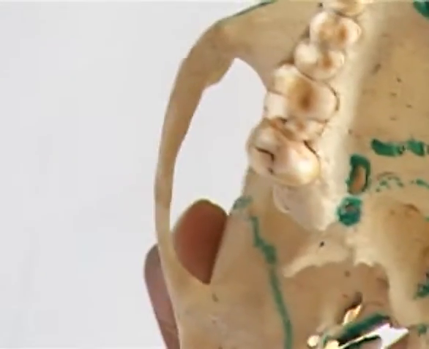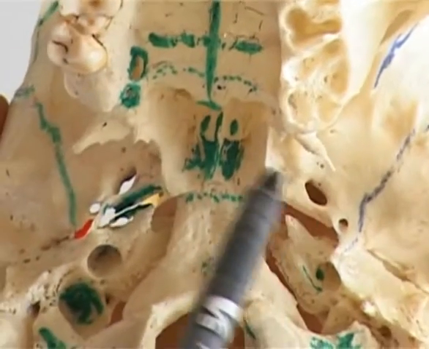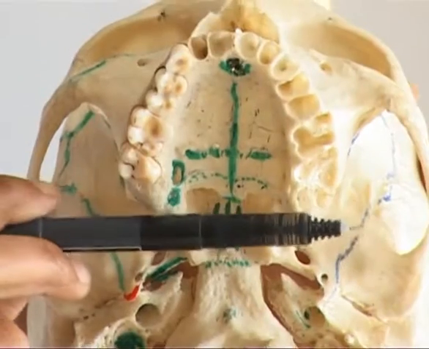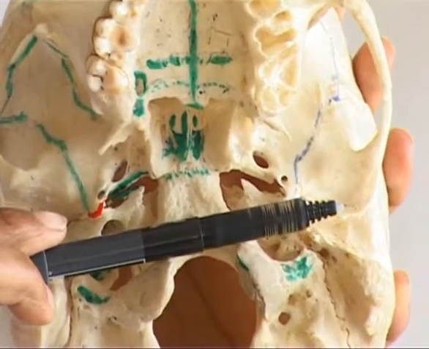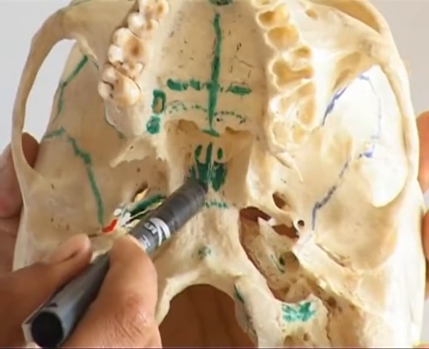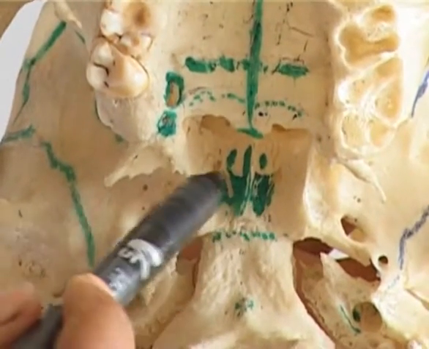The middle part of norma basalis. It comprises the area from the posterior border of the hard palate to the anterior margin of the foramen magnum. Structures seen are the posterior border of the vomer, which separates the two posterior nasal openings.